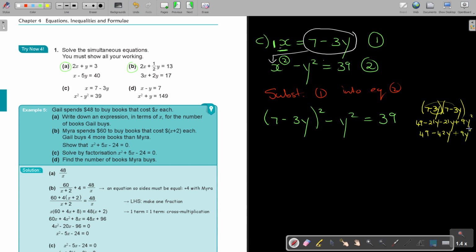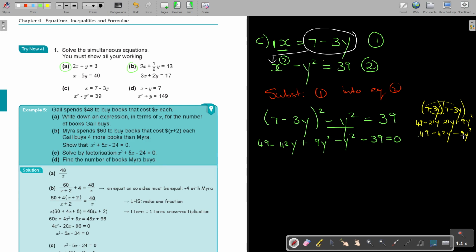So basically, it's going to be 49 minus 42y plus 9y squared minus that y squared. And I can even bring this 39 over already. Please don't square in your head, do it on the side.